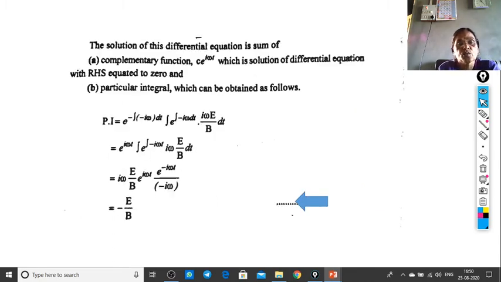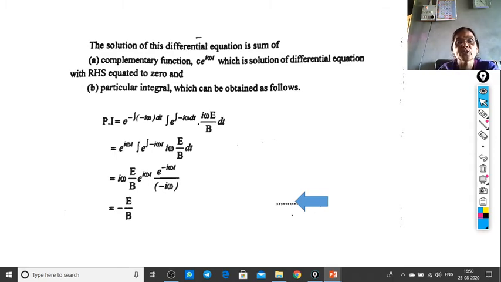The solution of this differential equation is the sum of the complementary function, which is c e raised to I omega t, and which is the solution with RHS equated to 0. Since in the above equation the RHS is I omega E upon B, that RHS is different from 0.